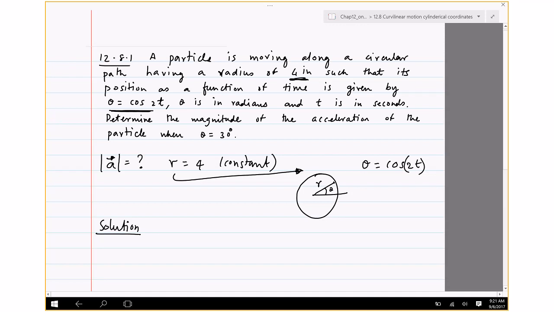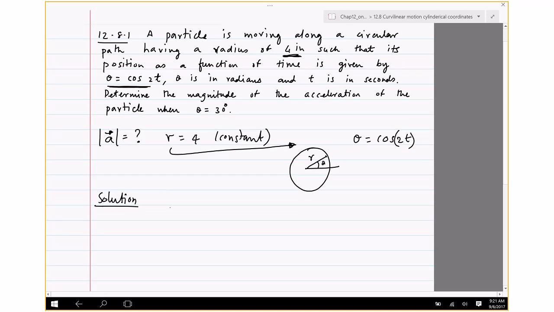Okay, so what we'll do is we'll try to work it backwards. So we'll try to see what we want to find out, which is acceleration, write a formula for it, and see what we need in order to solve for acceleration. So the acceleration is given by r double dot minus r theta dot square u r plus r theta double dot plus 2 r dot theta dot u theta.